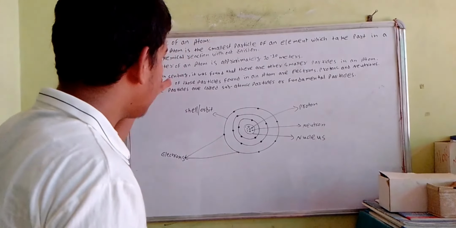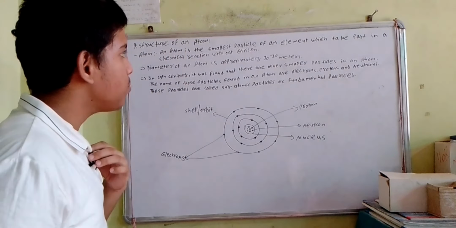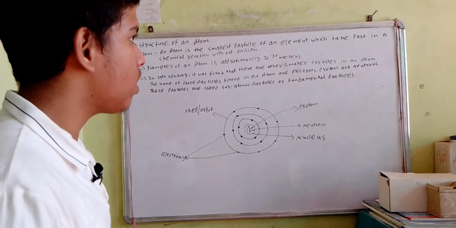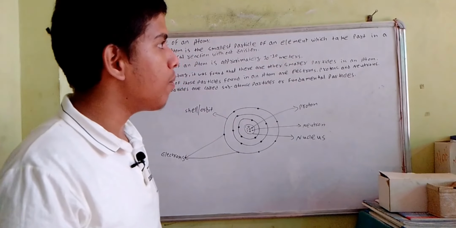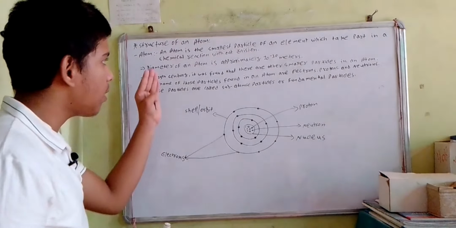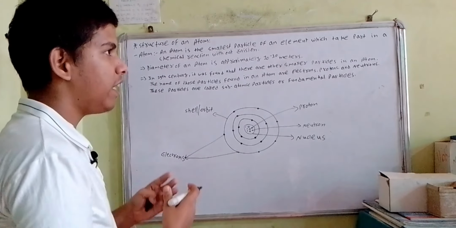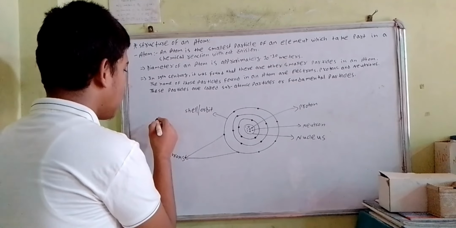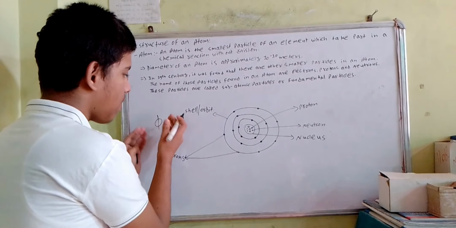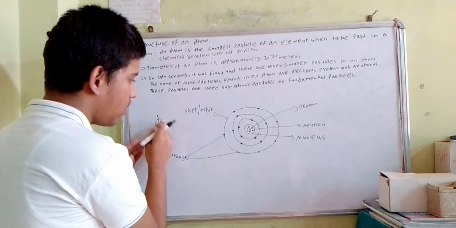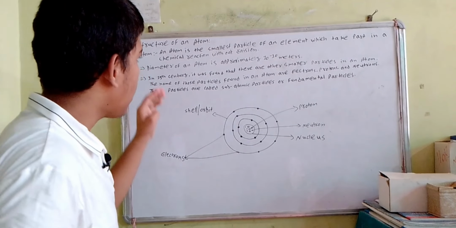So this is the definition of an atom. An atom is the smallest particle of an element which takes part in a chemical reaction without any division. So when any kind of chemical reaction occurs, the atoms do not divide, right? And this is the definition.